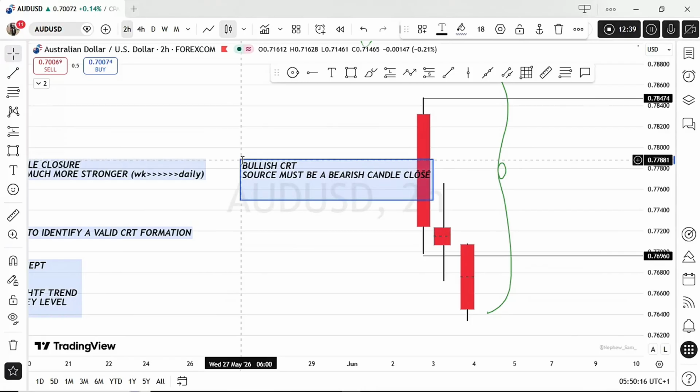And for a bearish scenario, the source candle, that's the first candle that gives us the range high and the range low, must be a bullish candle close.